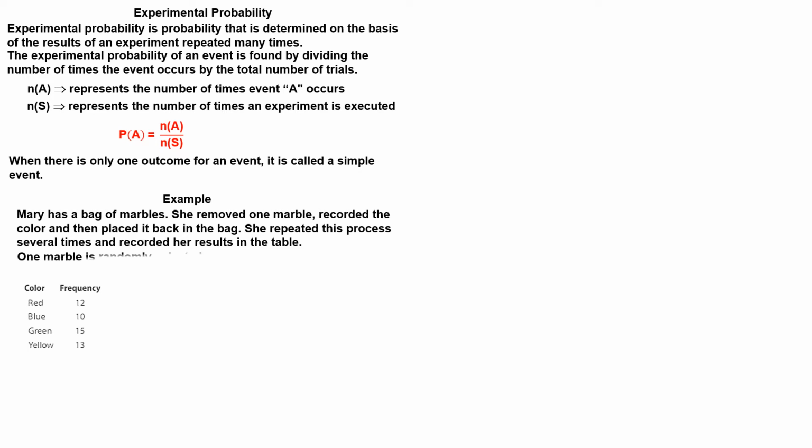One marble is randomly selected from the bag. Find the probability of selecting a red marble, a green marble. First of all, we should add all the frequencies to get the number of times this experiment was executed. And S is 50.